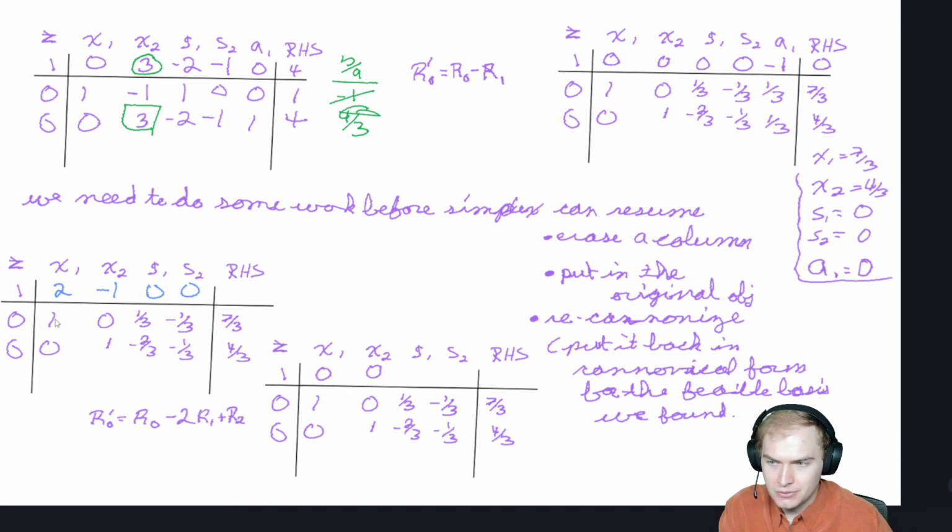So we just need to subtract that row times the coefficient in the objective to cancel that out. So that's the general format. So we're going to end up with minus twice row 1. So that's negative 1/3, negative 2/3 plus row 2 is minus 2/3. So that's going to be minus 4/3.